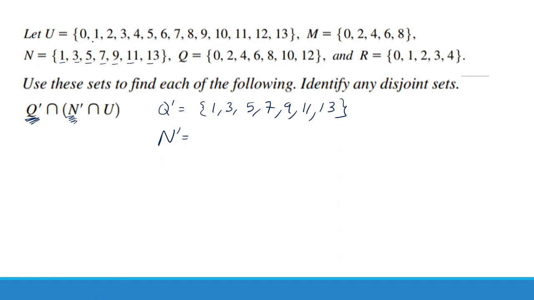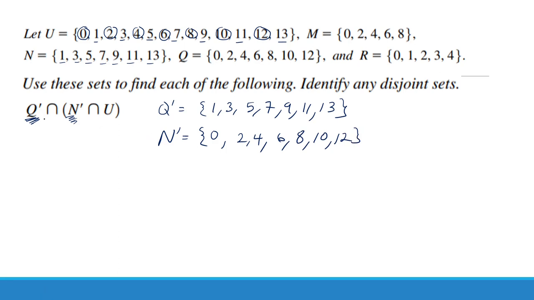We have N are the numbers 1, 3, 5, 7, 9, 11, 13. So the opposite of that would be 0, 2, 4, 6, 8, 10, 12.